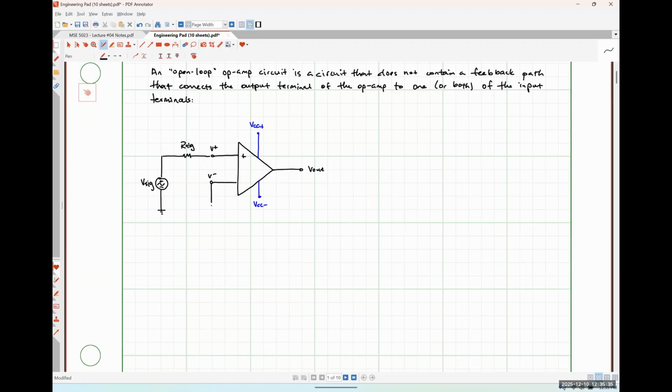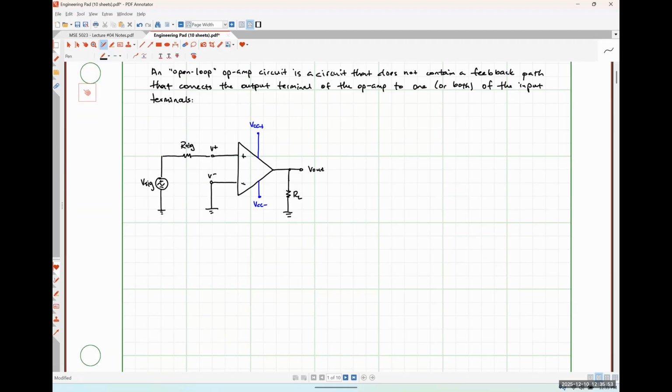I'll ground my inverting input terminal and I'll drive some load with my output voltage like so. Oh, and I forgot that minus sign there.